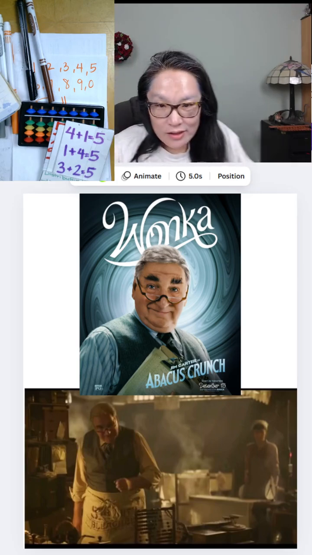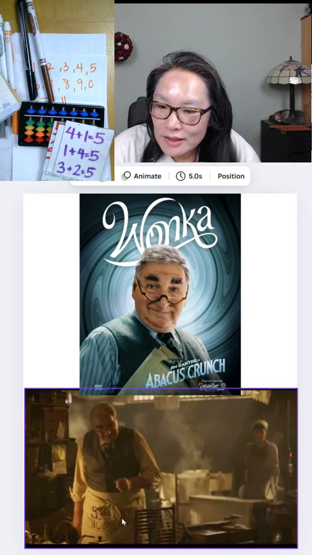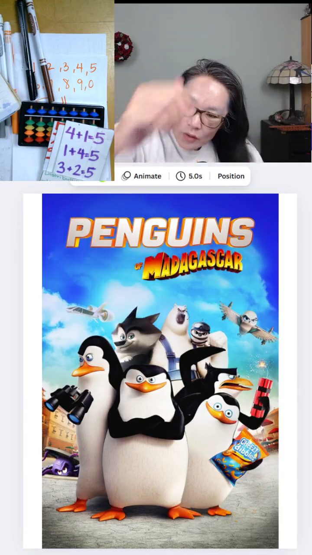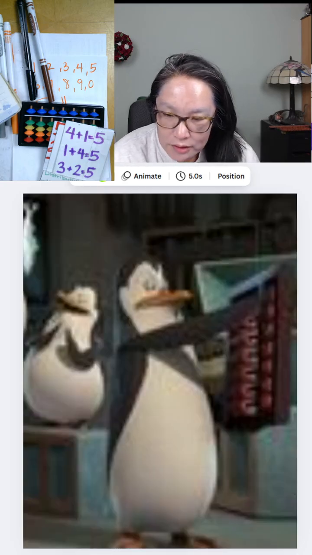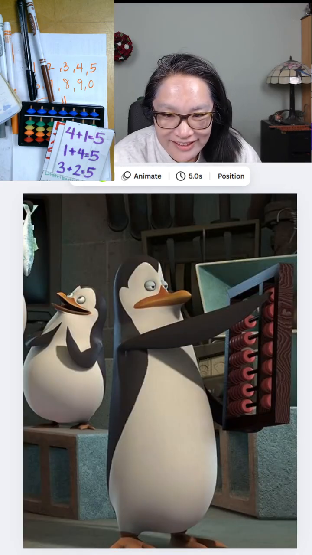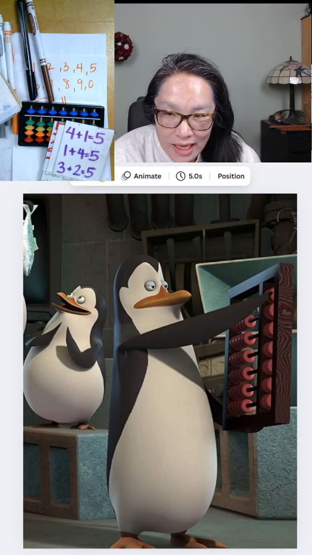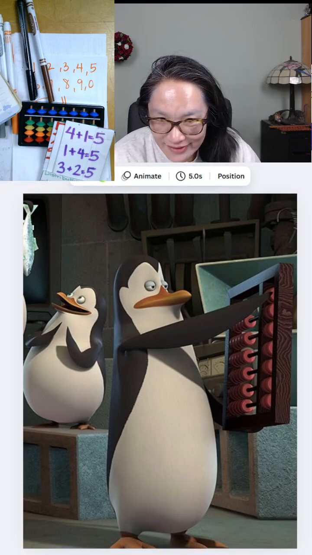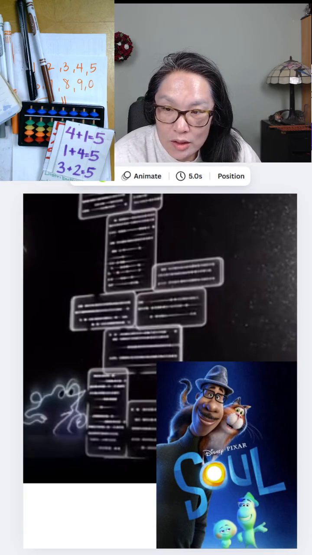And then we have Penguins of Madagascar. Who uses the word upchuck anymore? Or barf? Kowalski actually barfs or upchucks an abacus. It is a Chinese abacus. This is Soul. They count souls on the abacus.